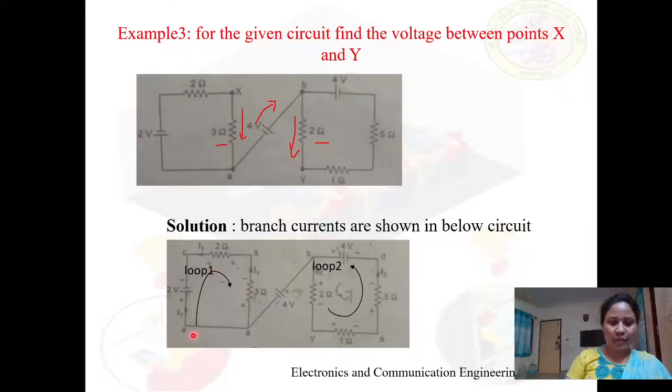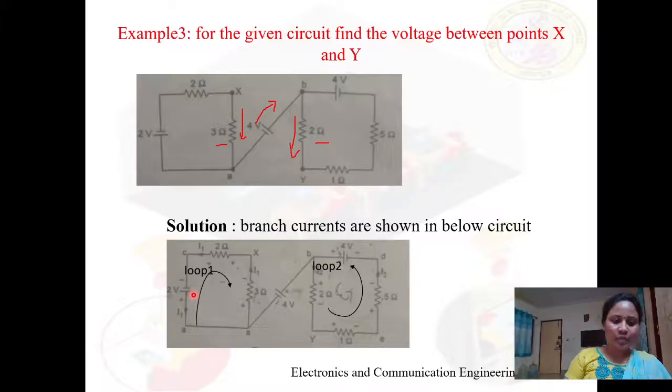Let us take loop one as ACXAA, and hence starting from point A, from A to C, the voltage sign changes from positive to negative, therefore it is -2, and across the 2 ohm resistor the voltage drop is +2 into I1, and in the 3 ohm resistor the voltage polarities are changing from minus to plus, therefore this voltage is considered positive.